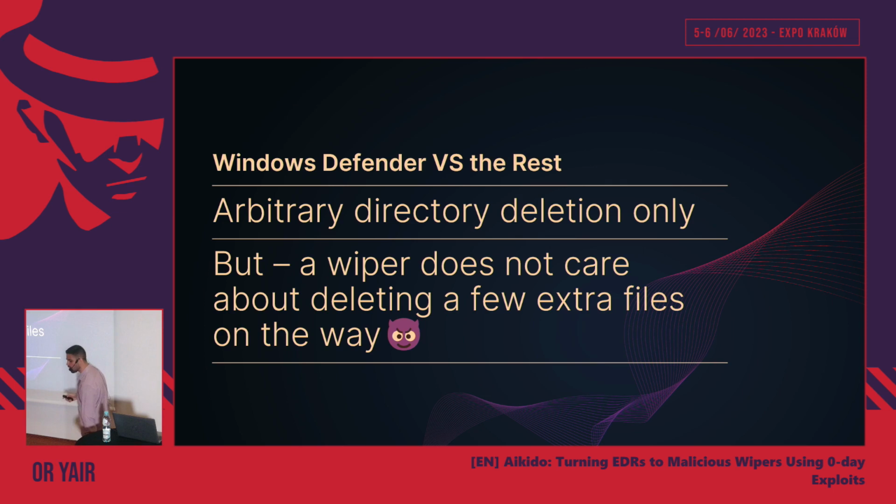And I do have one disclaimer regarding the vulnerabilities in the Defender products, and that is that I was only able to achieve arbitrary directory deletion and not file deletion. But as you probably know, wipers do not really care about deleting a few extra files. So if the wiper wants to delete a certain file, it can just mark its parent directory for deletion, and the same result will be achieved.